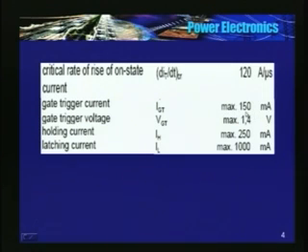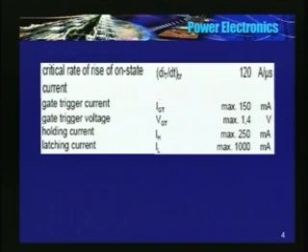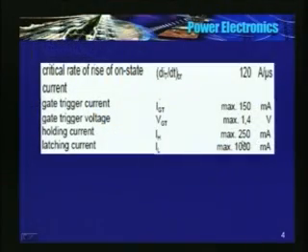So therefore, just see the gain. Average current rating is 45 amperes. Surge current is how much? Surge current is 1300 amperes. Gate current is 150 milliamperes. See the gate trigger voltage, 1.4 volts. Holding current, 250 milliamperes.